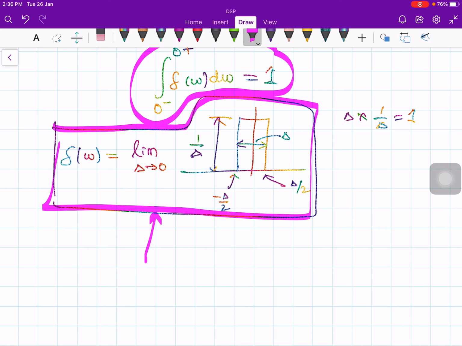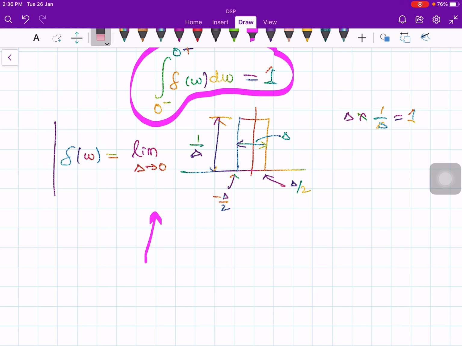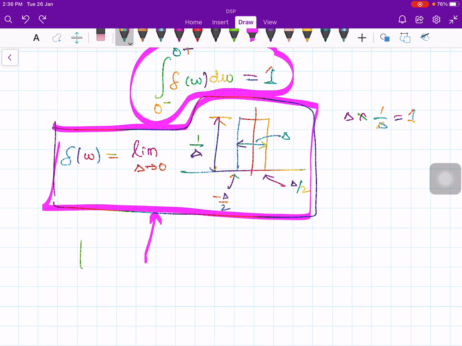Analog, I mean not in the time, it is in the frequency domain. Okay, it is in the frequency domain. So frequency is a continuum.